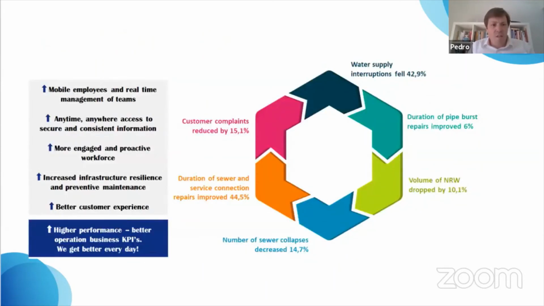All of this gave us higher performance, and people's engagement rose also. And in the end of the day, what we measure are the consequences of implementing a BIM, a digital twin solution within our company, changing what people do and which process they use to do their day-to-day work.